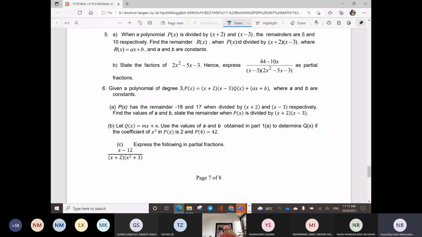Given the polynomial of degree 3, P(x) equals (x plus 2)(x minus 3)(Q(x)) plus a x plus b, where a and b are constants. Let Q(x) equal mx plus n. Use the values of a and b obtained in part 1a to determine Q(x) if the coefficient of x cubed in P(x) is 2 and P(4) equals 42.